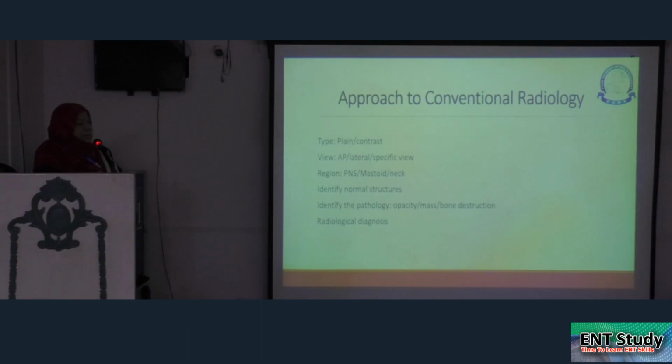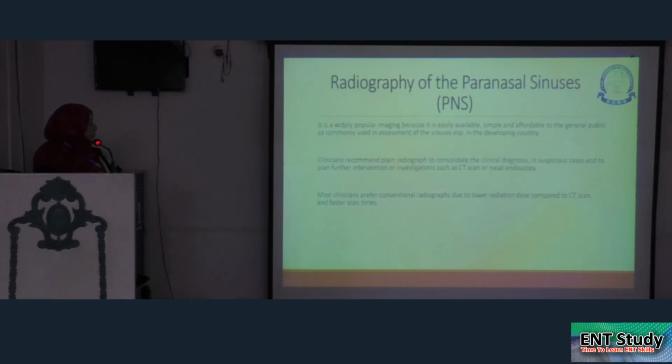Which region is covered: paranasal sinus, mastoid, or the neck? Then identify the normal structures. Once the normal structures are identified, the pathology can be recognized, which may be an opacity, mass, or bone destruction, and then conclude the radiological diagnosis which best correlates with the clinical picture of the patient.